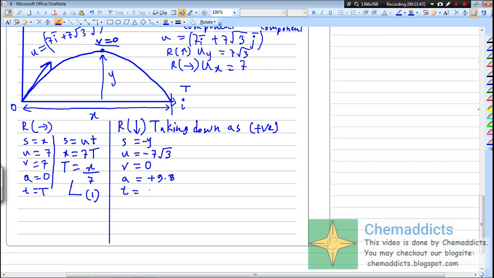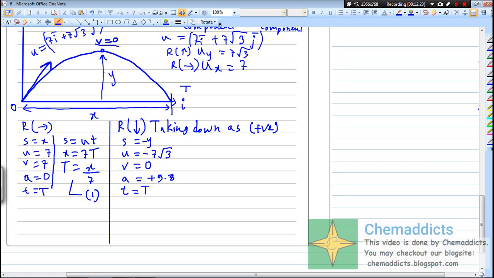Here we use t as the flight time. Let me tell you one thing, this velocity would be for the vertical direction.